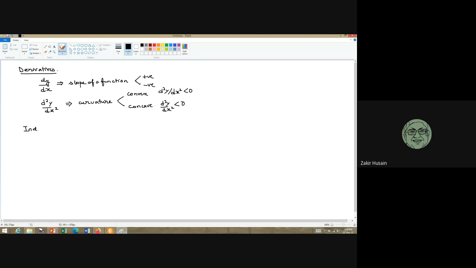Now I want to discuss one result with you today about indifference curves. We see that indifference curves are convex to the origin. So indifference curves are like this.